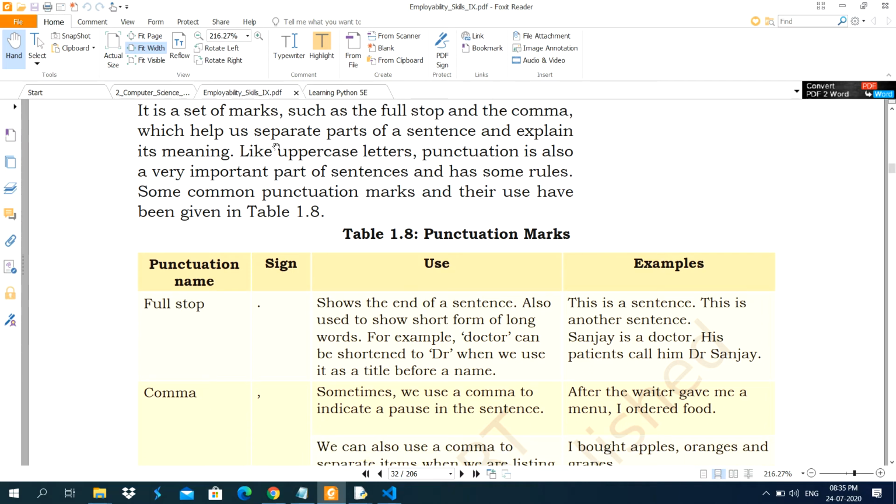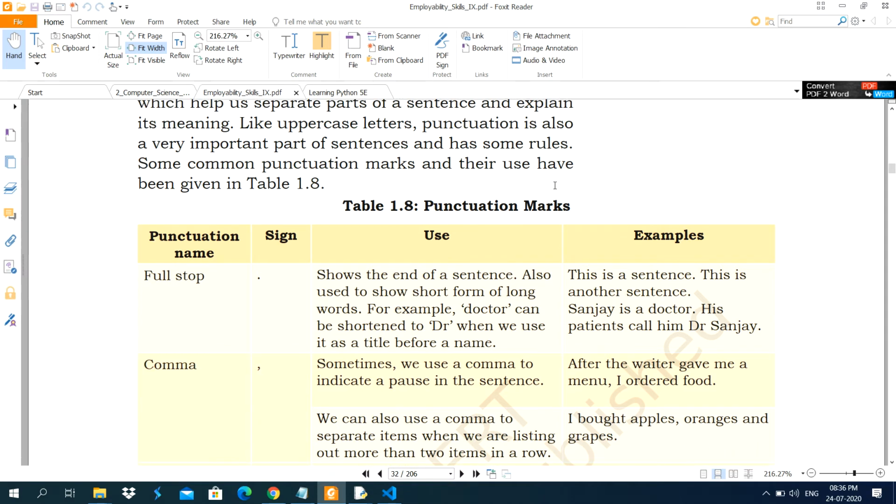It is a set of marks such as the full stop, which is used to end the sentence, and the comma, which helps us separate parts of a sentence and explain its meaning. Like uppercase letters, punctuation is also a very important part of a sentence and has some rules.